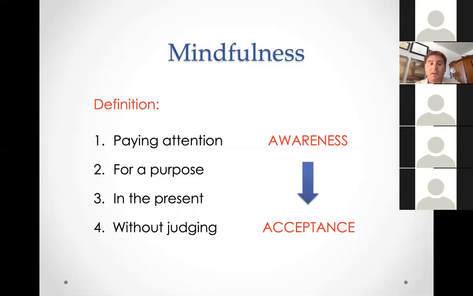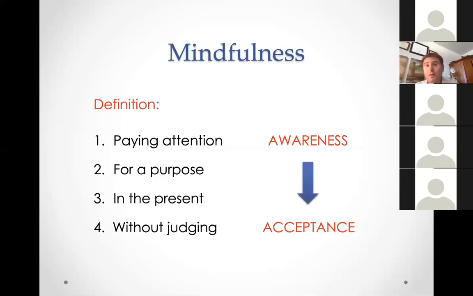And this is the kicker here, because if you think about it, paying attention for purpose in the present is simply what we call concentration in our culture. But this whole idea of mindfulness is more than just concentrating. It's concentrating without judging. And here's why this is so important, right? As soon as we're focused in the moment on something, but then all we're doing is paying attention to all of our commentary about what's going on, then we're actually focusing more on our internal commentary than what's actually going on, in which case we're not being truly mindful.